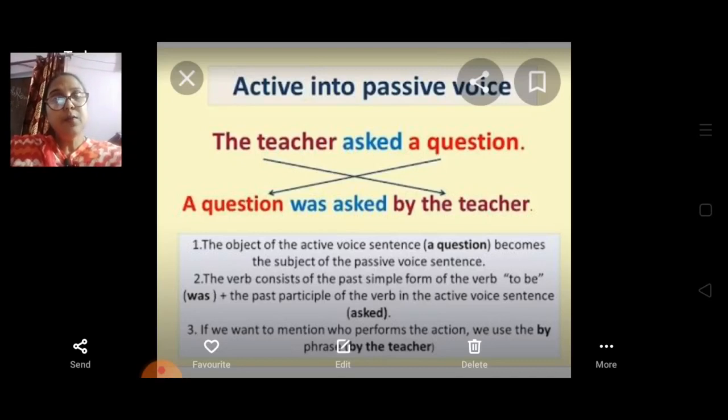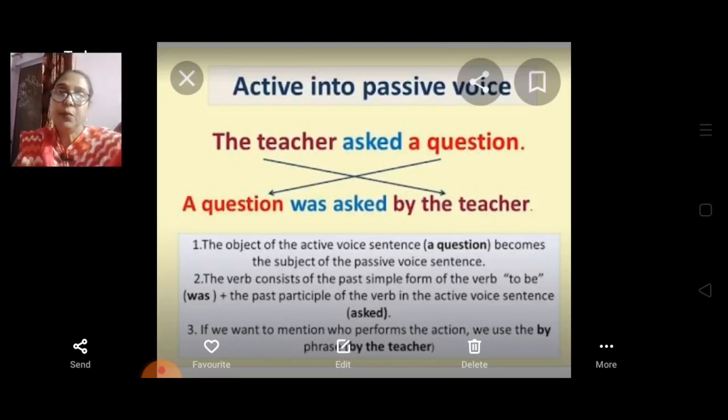From tomorrow onwards, we will start how to change tenses from active to passive. But these are the formal rules that we always remember. There will be a zigzag form whenever we are making active to passive voice.